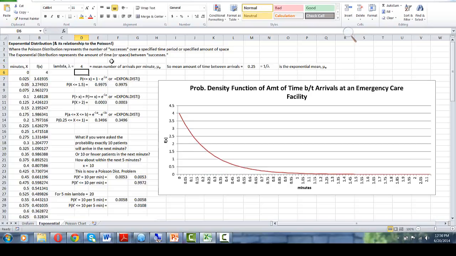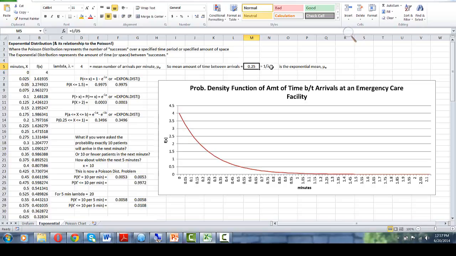Okay, and so if we know the mean number of arrivals per minute, so let's say we're looking at the amount of time between arrivals at an emergency care facility, in terms of per minute. If we know that the average number of people who arrive per minute is 4, then we know that the mean amount of time between arrivals is the reciprocal of 4, so 1 over 4, so 0.25.